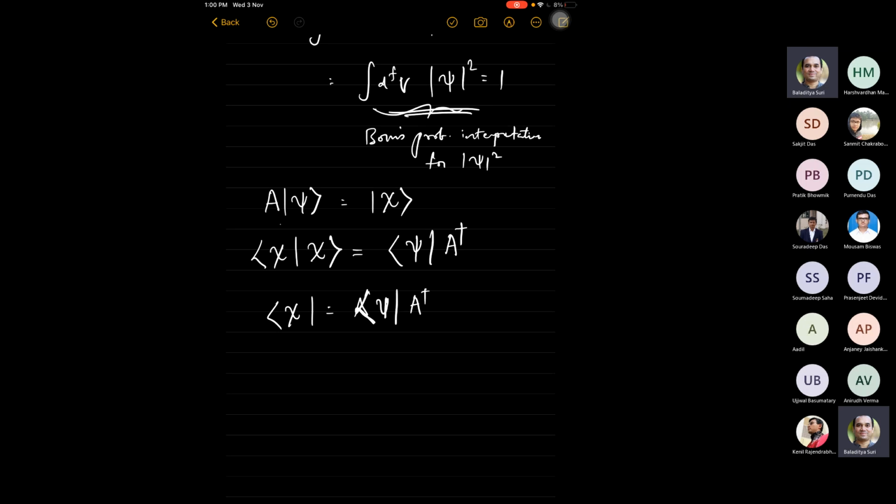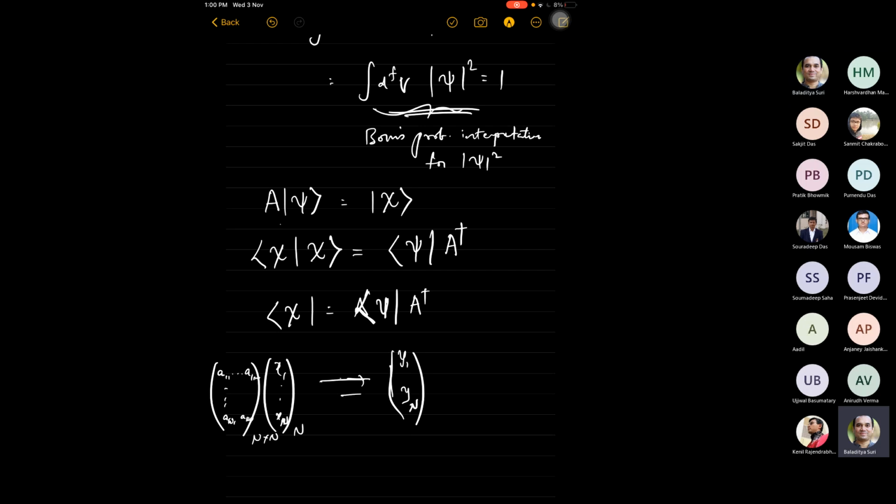Think in terms of matrices. If you have a square matrix acting on a column vector, let's say this is n by n, with entries a11 to a1n, then an1 to ann, acting on a column vector x1 to xn, giving a column vector y1 to yn.